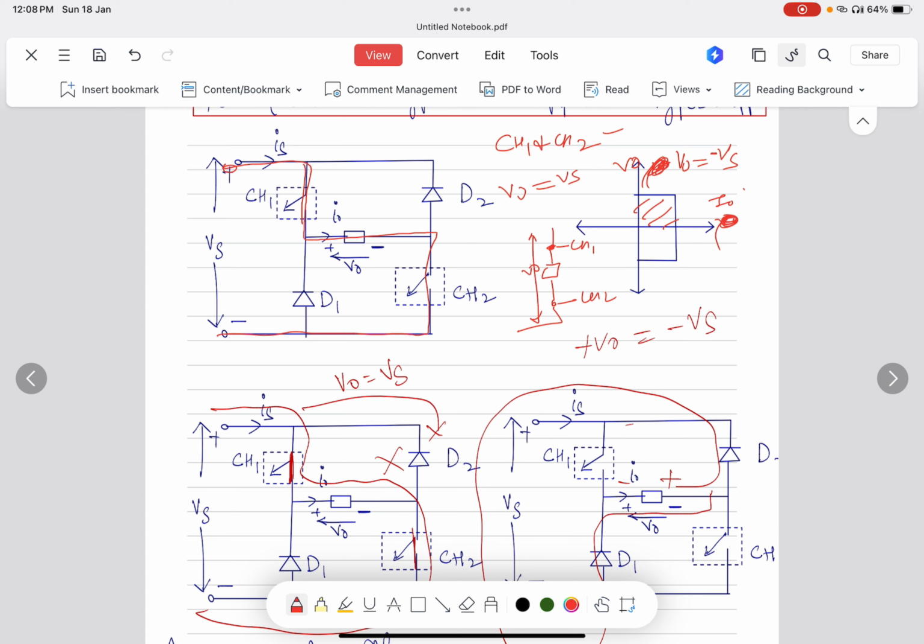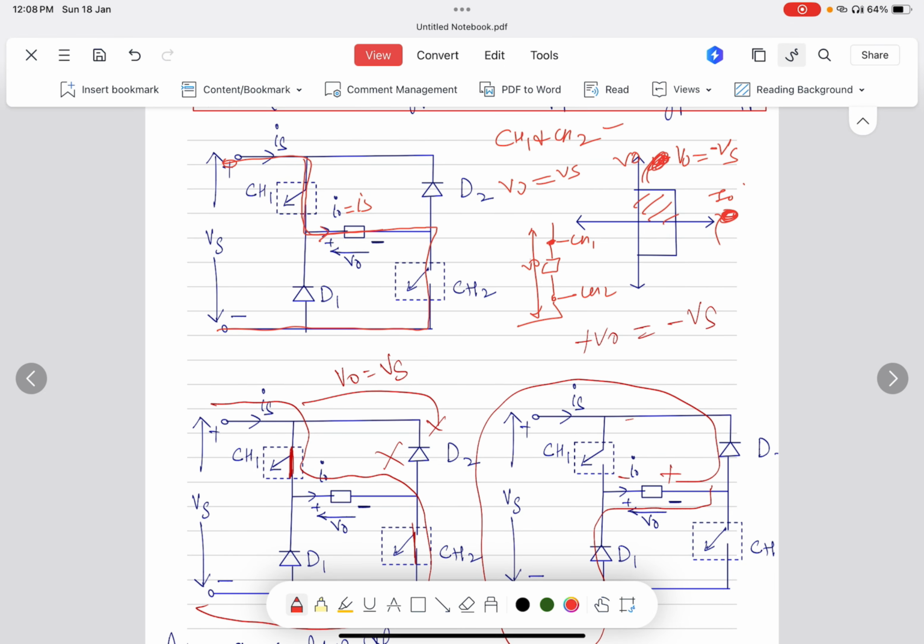Here I naught is in the positive direction, and the output voltage is also positive. So both, as we have seen in the graph, reside in the first quadrant.